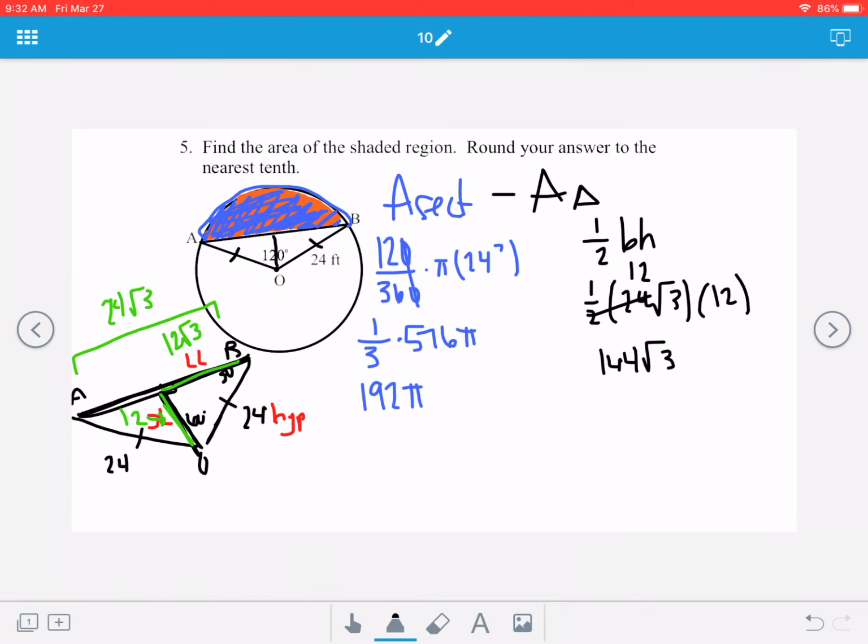If I asked you, which sometimes we will, for the exact area of the shaded region, then the exact answer would be written 192 pi minus 144 square root 3 feet squared. That's the exact one. Now to find the rounded, like what it is asking us to do, then we're going to put that, just as I have it written there in the orange, in the calculator and round that to the nearest tenth.